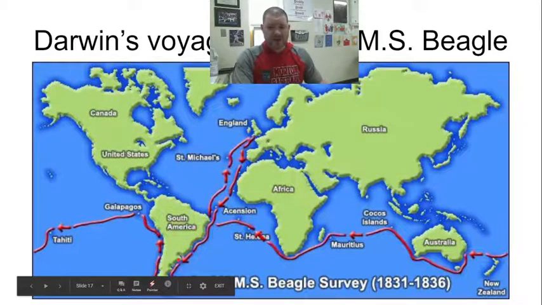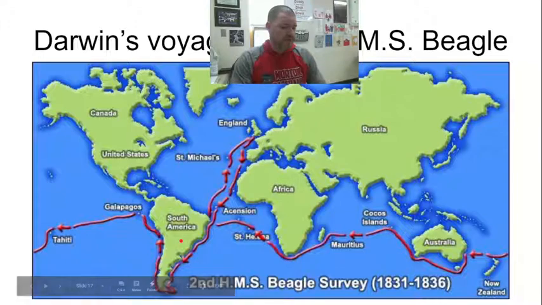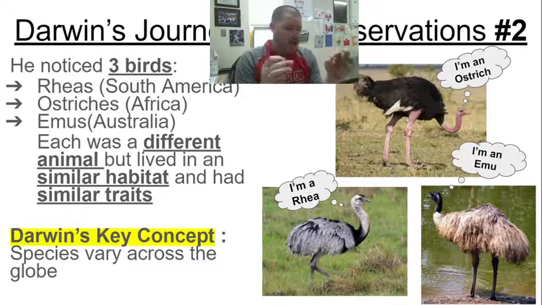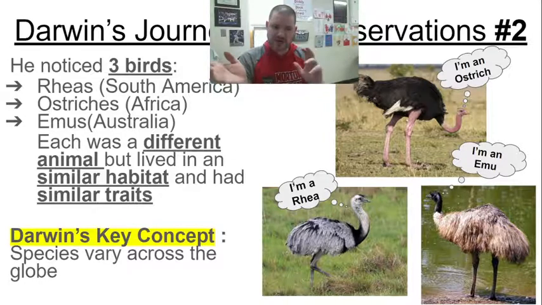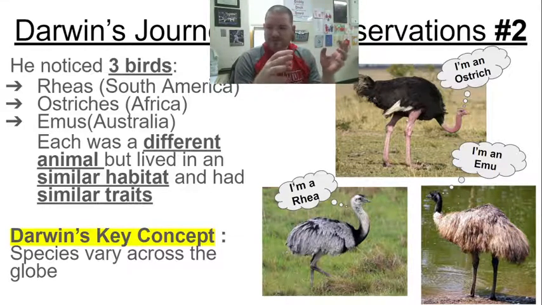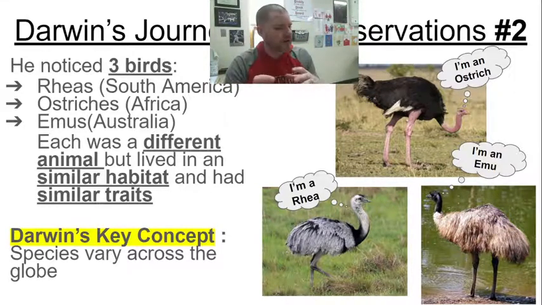So when he found the rheas in South America, the ostriches down here at the tip of Africa, and the emus in his different locations in Australia, they all relatively had the same habitat. That got him thinking that not only do species vary through time and gain similar and different traits, but species globally have their different variations and also their similarities depending on the environment that they live in.